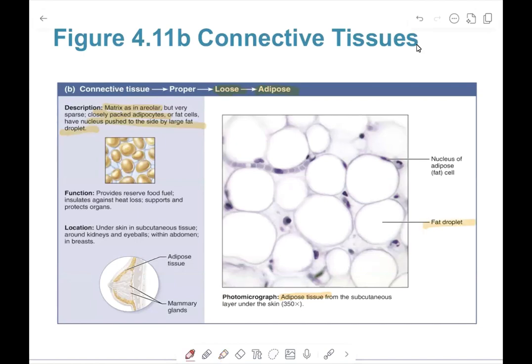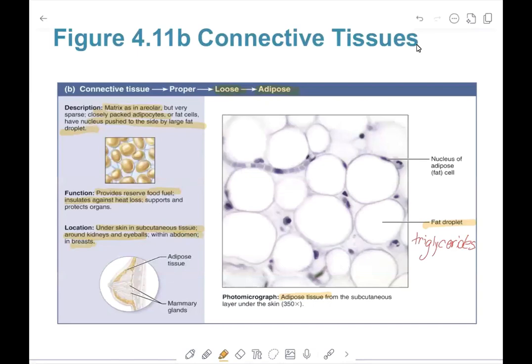And this fat droplet is going to contain triglycerides, which you remember from chapter 2 is a type of a polymer of fat. So the function of adipose tissue is that it provides reserve food fuel, insulation against heat loss, and also protects the organ. So we would find it under the skin in subcutaneous fat, around the kidneys and the eyeballs, within the abdomen and the breast.